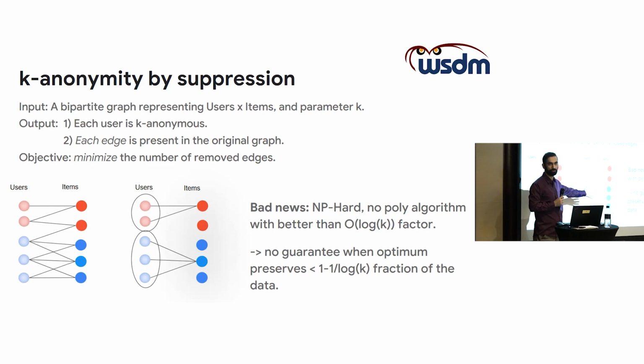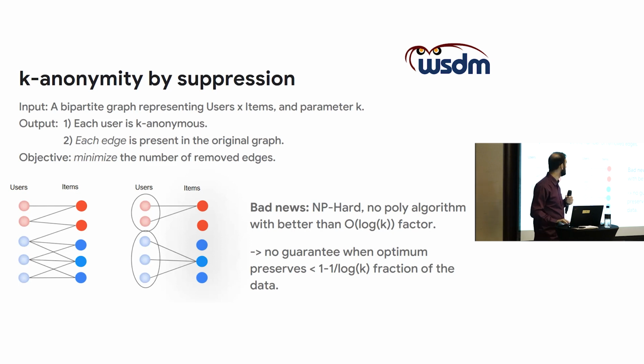Otherwise, the output can be just empty, right? So unless there exists an optimum solution so that the output is very, very similar to the input, like 99%, this means nothing in theory.